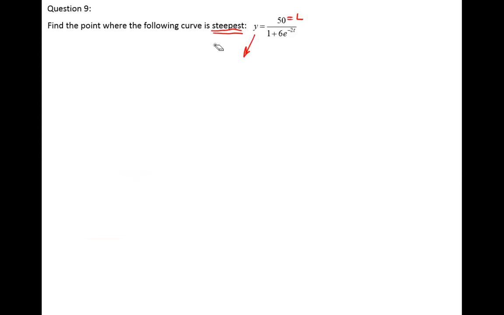If this is half of L, then we can try to find the point of time. So let's see if we can do it.